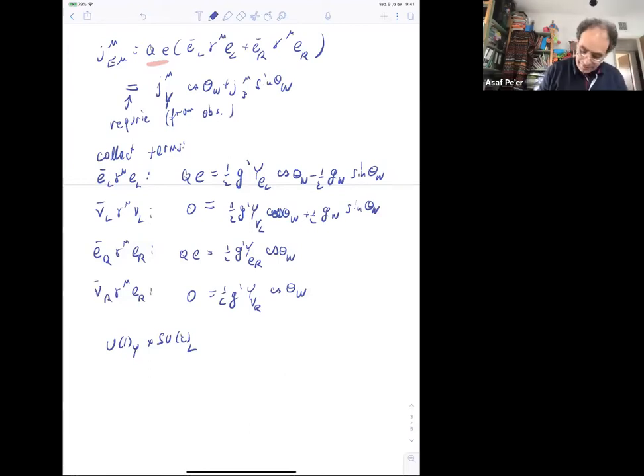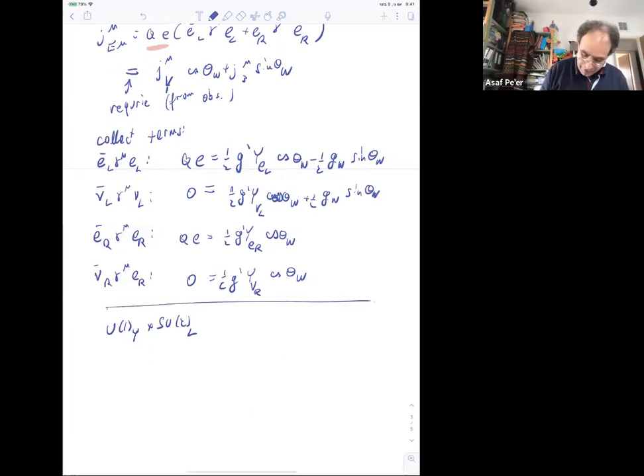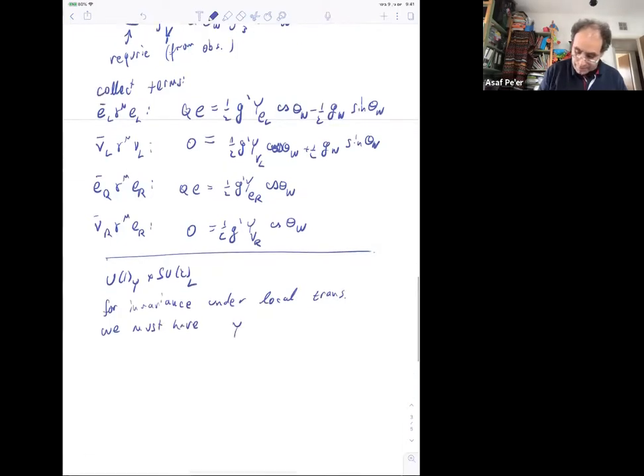So for invariance under local transformation, we must have that Y electron is the same as Y neutrino left.